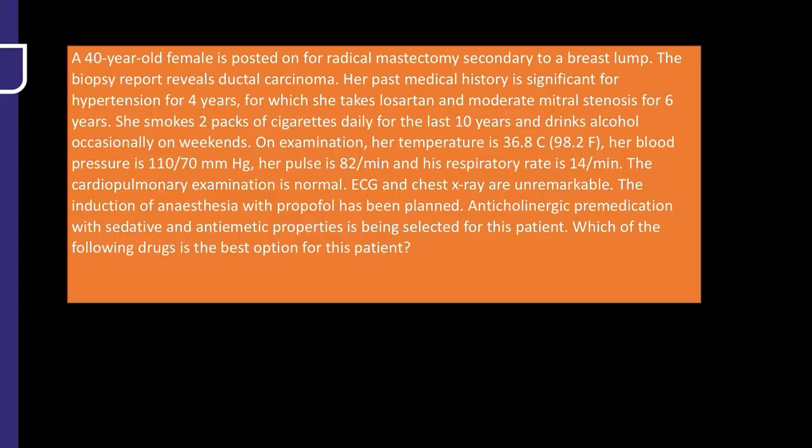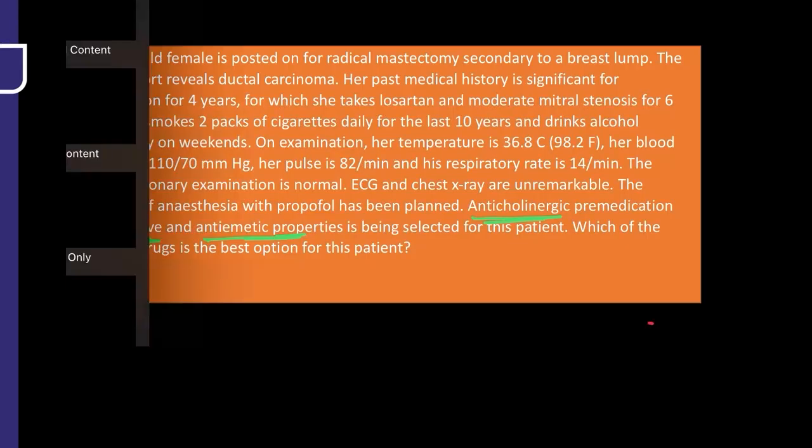So basically, he is asking, now surgery hasn't been started, guys. Before surgery, in the pre-medication, an anticholinergic drug is used for the patient, which has sedative as well as antiemetic property. Which could be the best option? Come on, guys. In the pre-medication, which drug has anticholinergic, antiemetic, and sedative property?